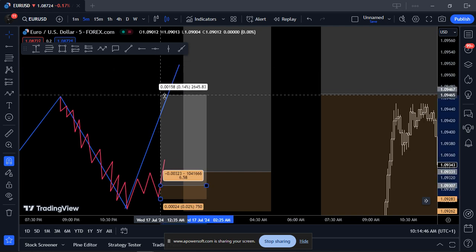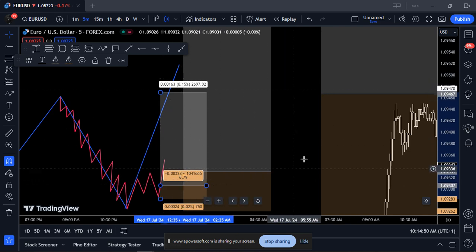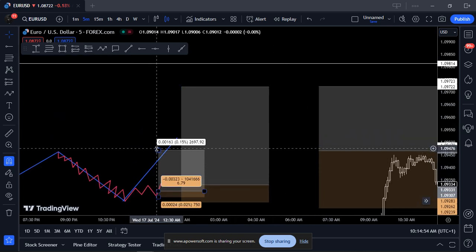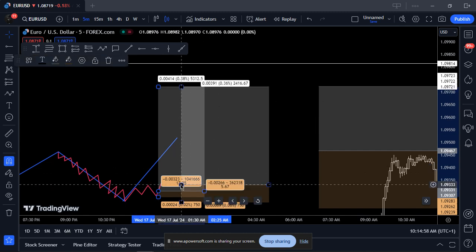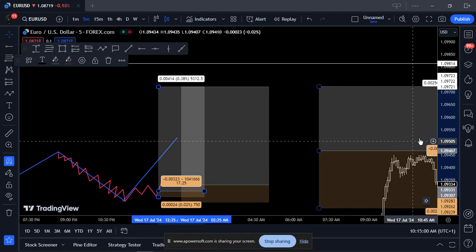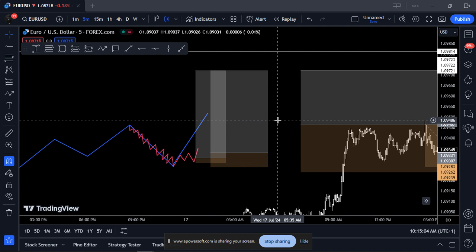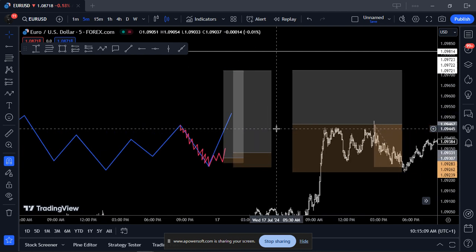Okay, let me break it down a little bit. Somewhere here, you already have a 1 to 6. Then price gets to this place, then you have a 1 to 17. It is very much possible as long as you pay close attention to your multi time frame.